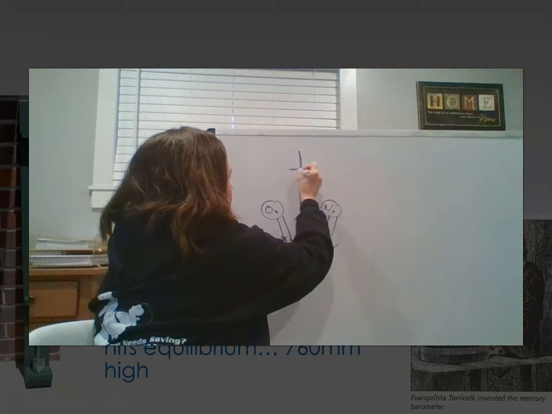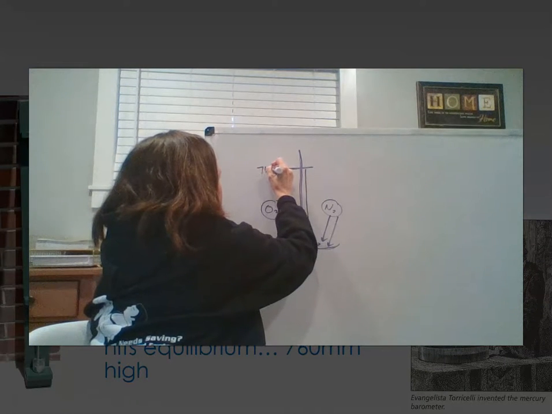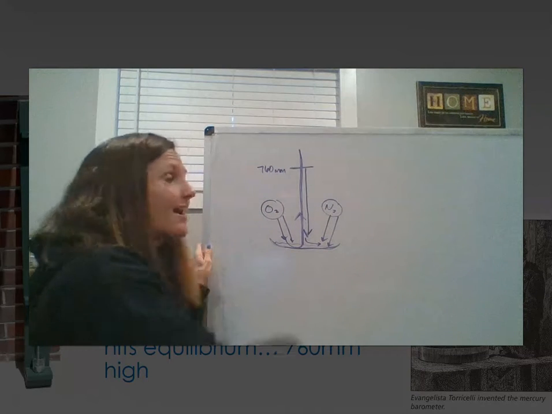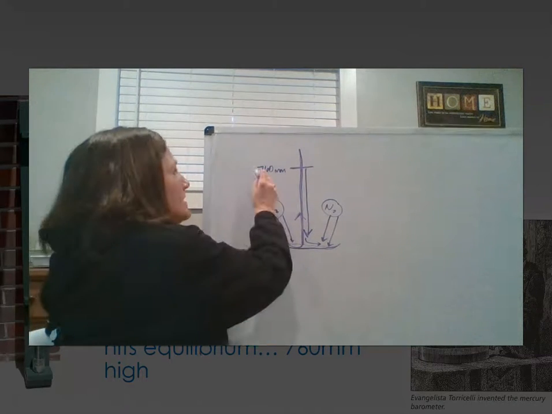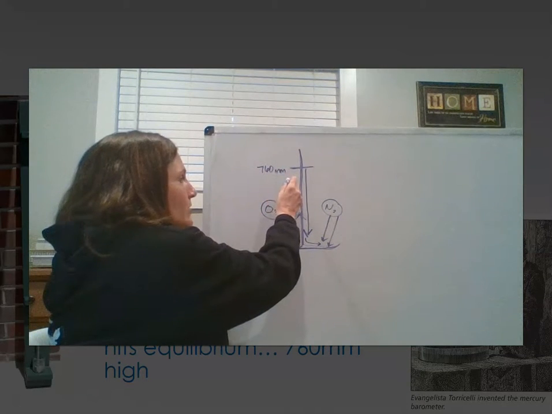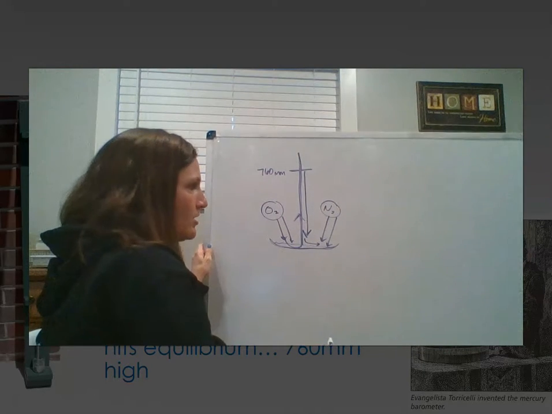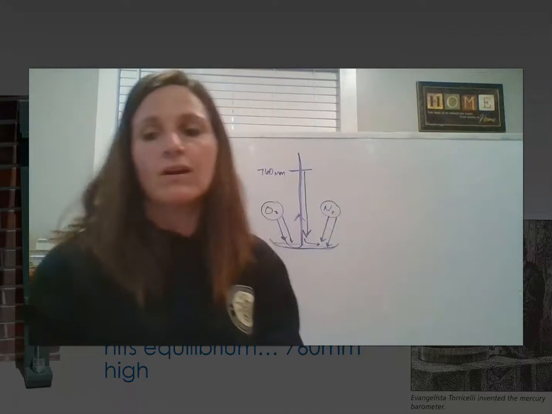That happens at 760 millimeters high. It's a height measurement. So we say 760 millimeters of mercury is when the atmosphere balances gravity on mercury. And so that is another pressure measurement that we use.